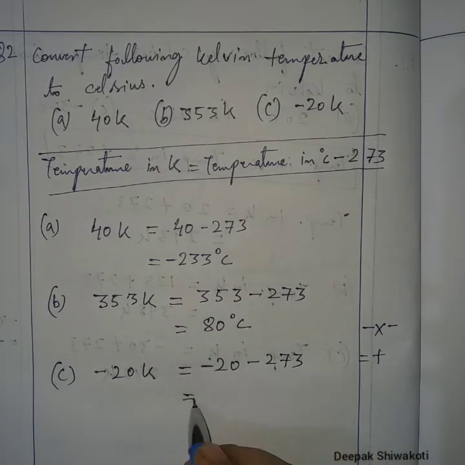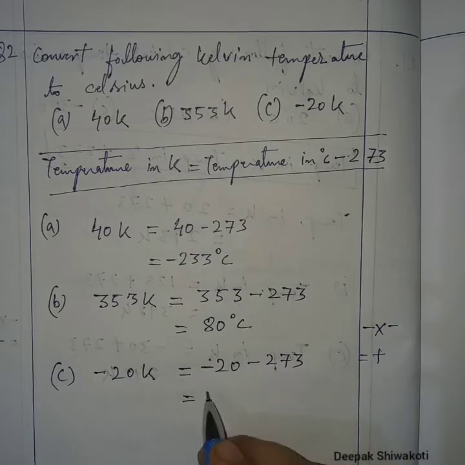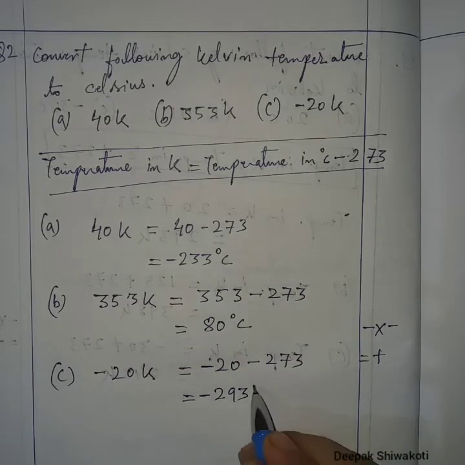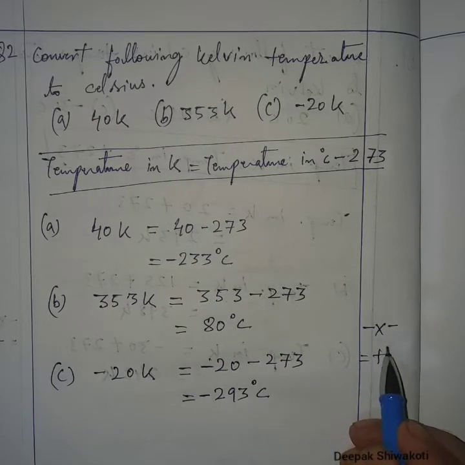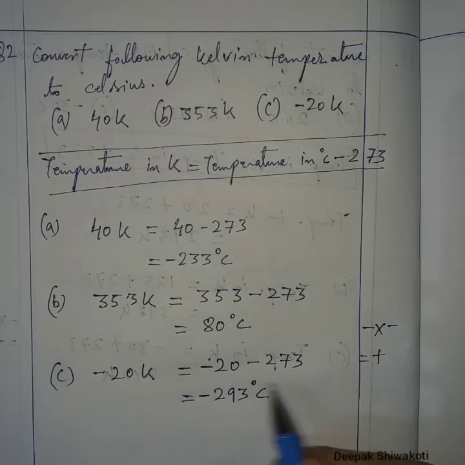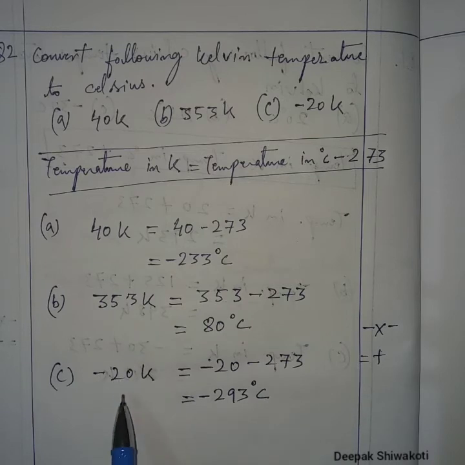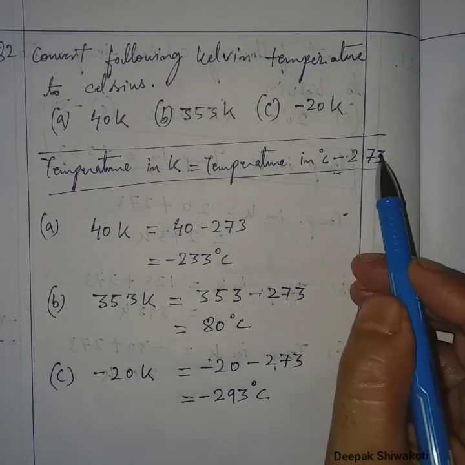After adding 273 plus 20, we get 293, and the sign will be minus, the bigger number's sign, and the unit is degree centigrade. These are all from the mathematics algebraic topic. Sign rules are there and we have applied them here, so don't get confused. So to convert Kelvin to degree centigrade, we have to remember this expression.